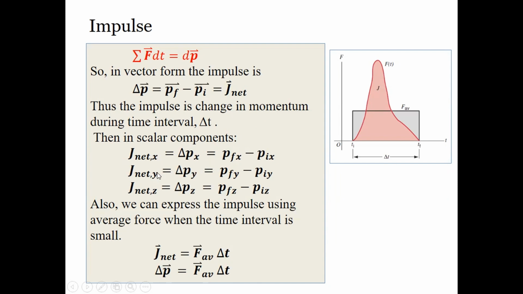scalar components as 3 scalar components: x component, y component, and z component, which is delta px, delta py, delta pz. And in fact, it is the final minus the initial momentum along the x-axis, final minus initial momentum along the y direction, final minus initial for the z direction.